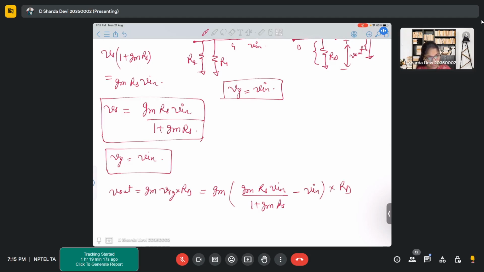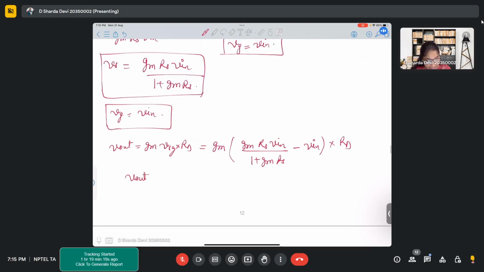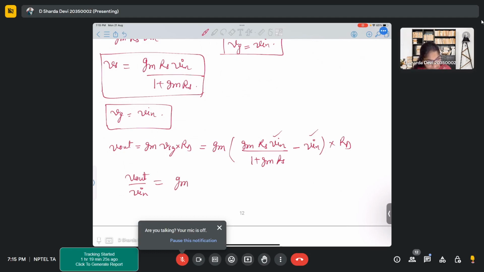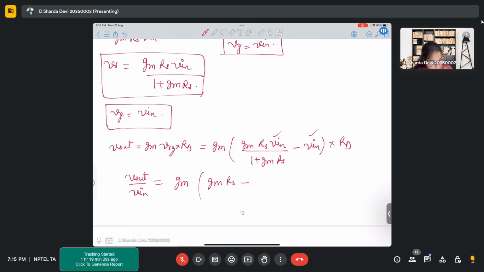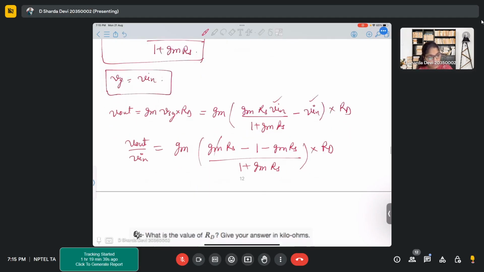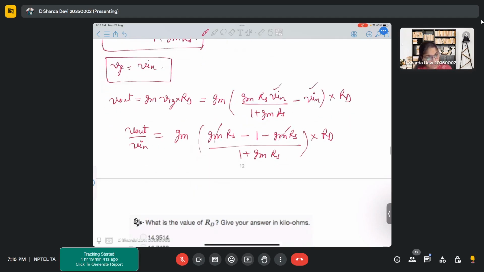So how do we write gain? Gain is V out by V in, right? So we will simply take this V in common. So it is gm Rs by 1 plus gm Rs minus 1, into Rd. These two cancel.